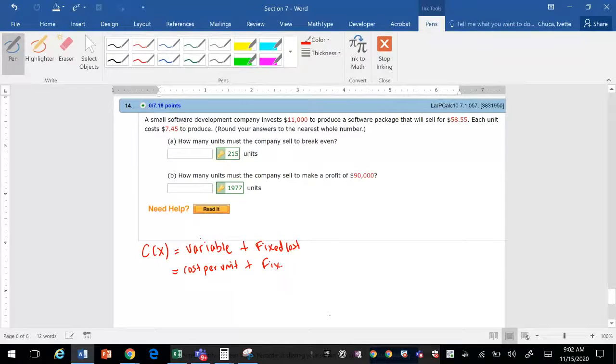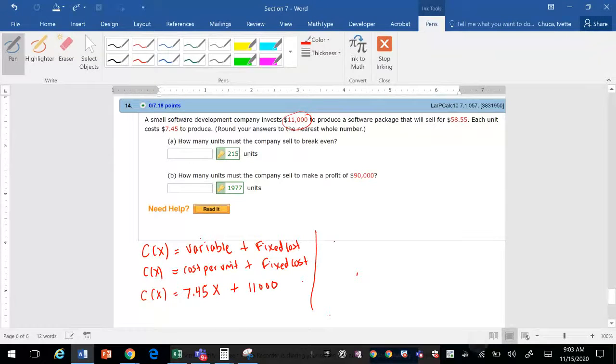And the fixed cost is just a fixed cost that you'll have every month or every year. In the problem, the variable cost is $7.45 per unit. We don't know how many we're going to produce, so we can call it x. Plus the fixed cost, which is the $11,000 they invested.